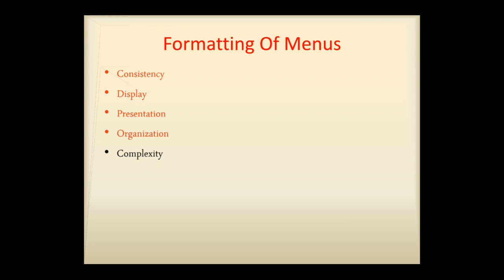But in case of complex menus, a complete set of actions and menus are incorporated, right? So therefore menus must effectively satisfy the differing needs of novice as well as expert users.